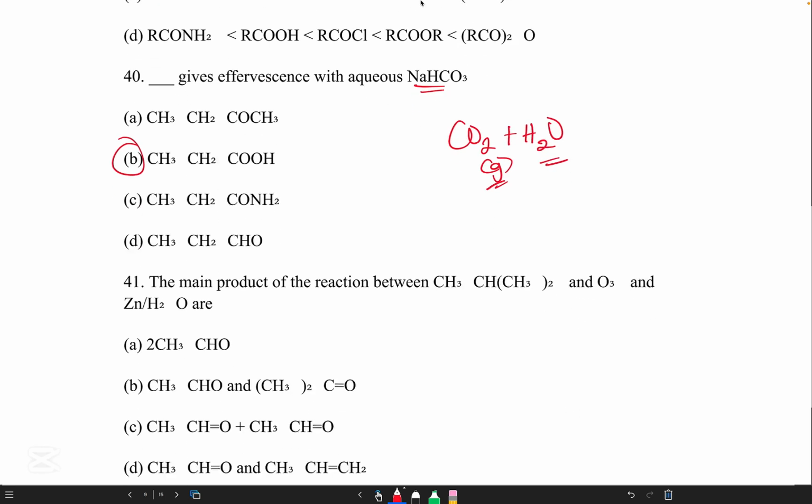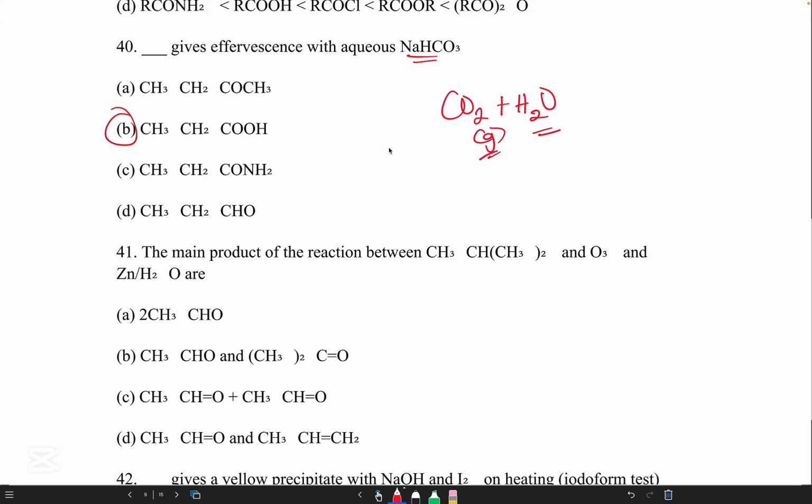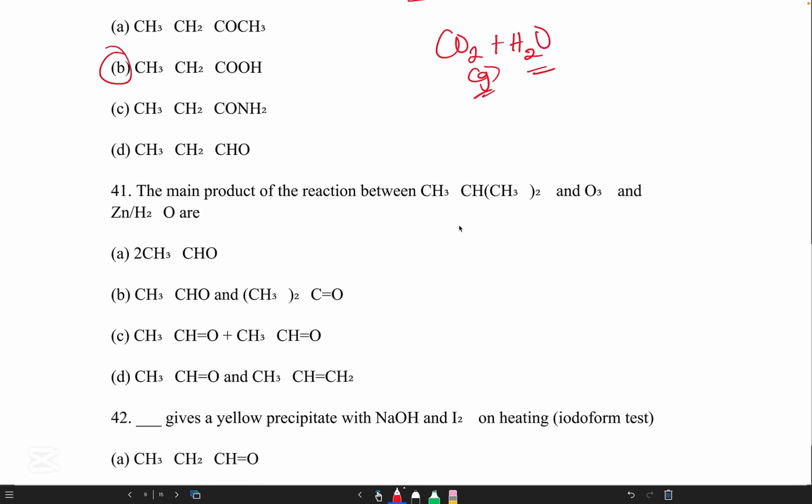The next question here, the main product of the reaction between this, what you have is CH3, CH double bond, C bracket CH3, 2, plus ozone, in the presence of zinc and water.